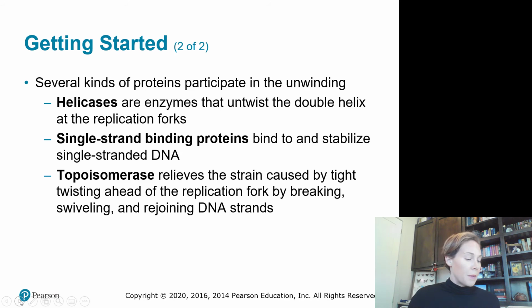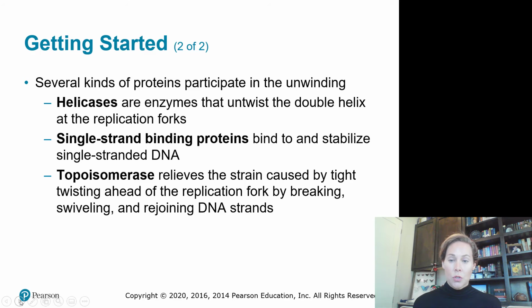Remember I mentioned that there are lots of proteins and enzymes that help participate in replicating DNA. Helicases are enzymes, and remember, enzymes are proteins that help reactions occur quicker. A helicase is an enzyme that untwists the double helix at the replication fork. Then single-stranded binding proteins will bind and stabilize the single strand.